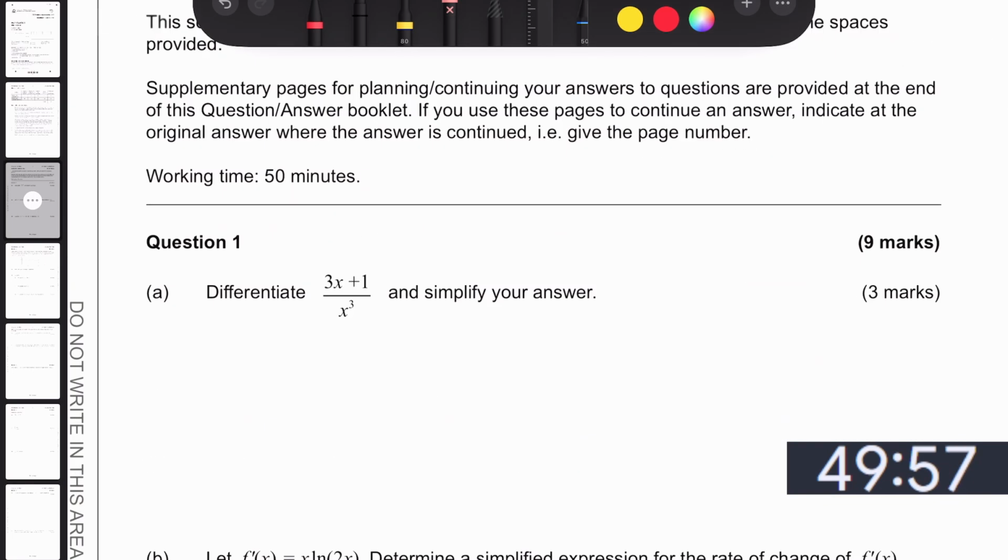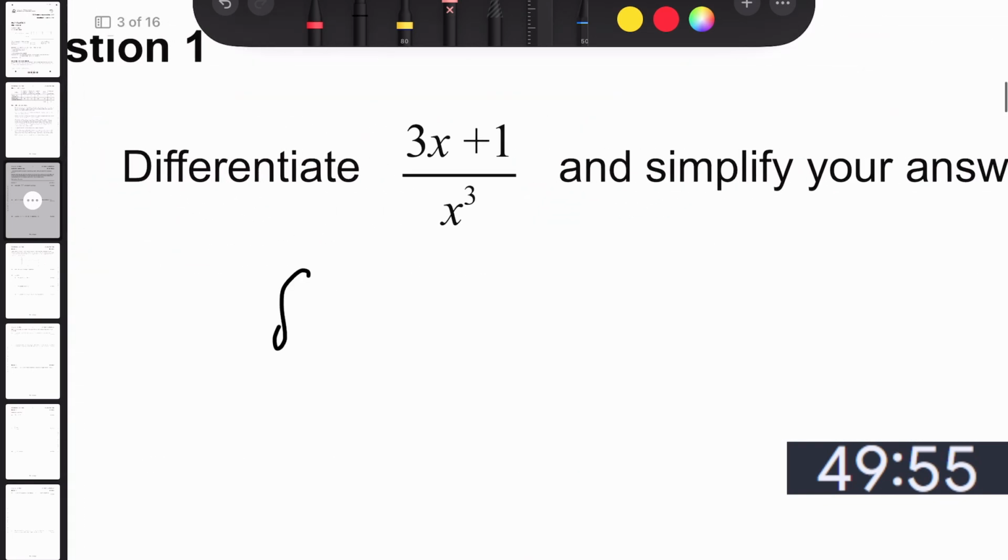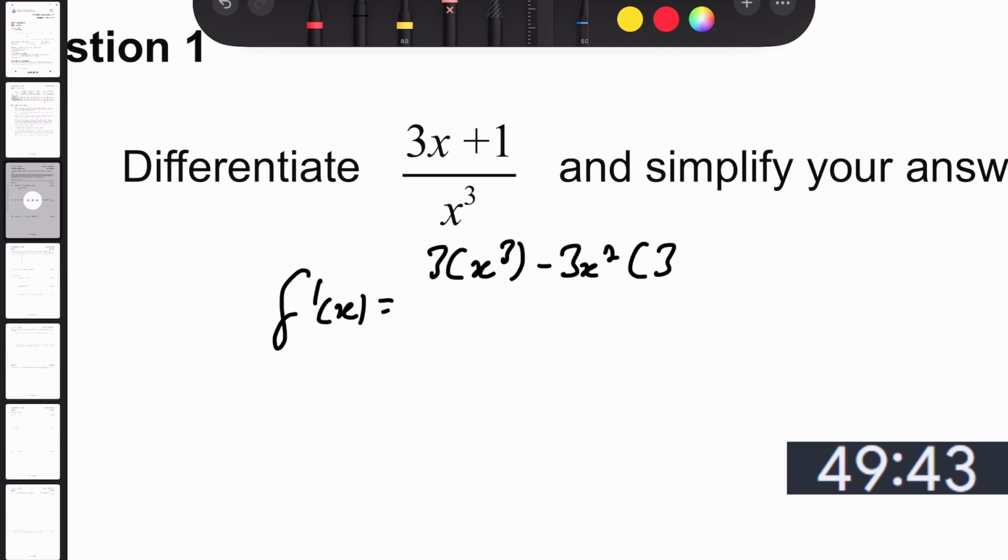Differentiate this. Simplify my answer. So the derivative of the top is just 3x to the power of 3, and then the derivative of the bottom is 3x squared, 3x plus 1 over x to the power of 6.